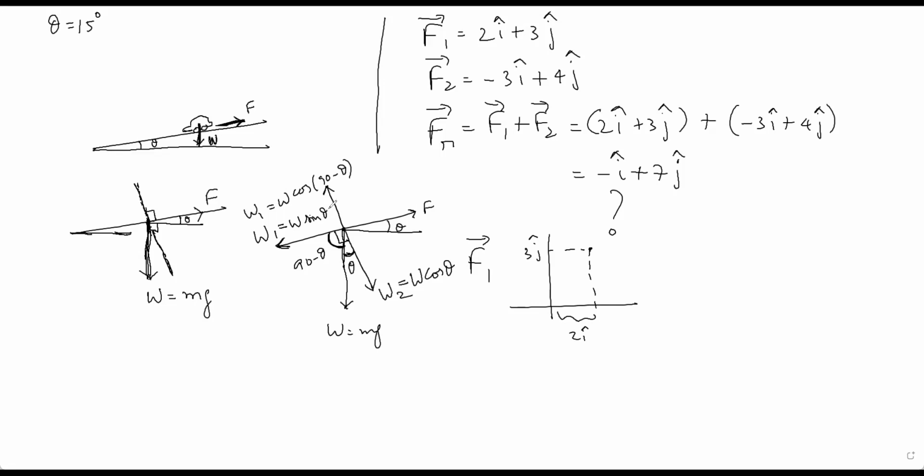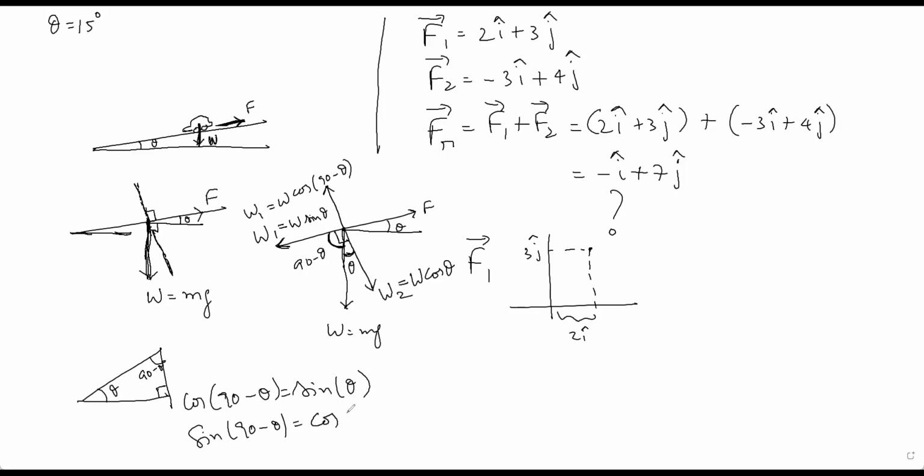And you know why cosine of 90 minus theta is sine theta, right? In a right angle triangle, if this is theta, this becomes 90 minus theta. So cosine of 90 minus theta must be equal to sine of theta, and the sine of 90 minus theta must be equal to cosine of theta.